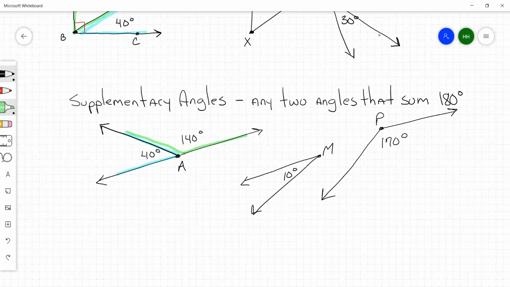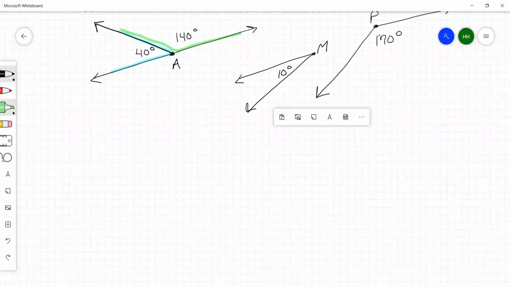All right, so let's do a couple of problems related to these terms.